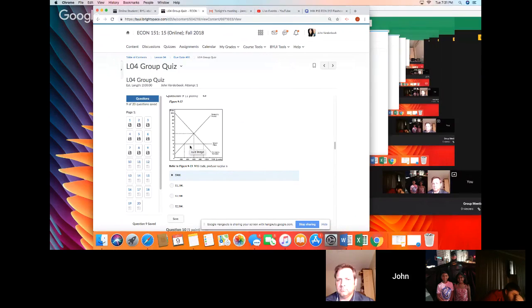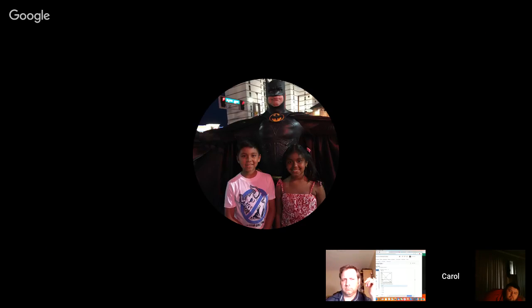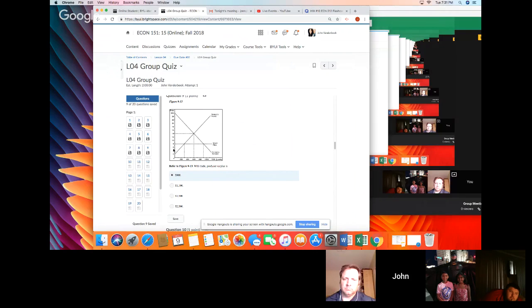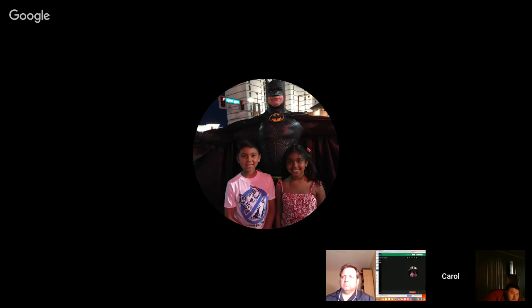So the producer surplus when there are imports is made up of the world price and the domestic supply triangle right here. So is that little triangle? Yeah, so you just have to find the area. 8 and 2 are the points here, so you just do 8 minus 2, which is 6, times 300, and then you divide it by 2. Okay, I got it. Great. Thanks for the explanation. No problem.